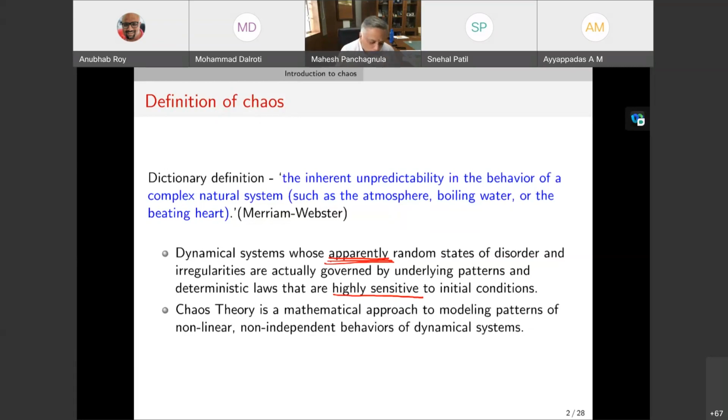And, without much ado, I'm going to tell you that you need to have a system to be nonlinear for chaos to be manifest. We'll see examples later on. And so any form of nonlinearity, and you will see some systems with the simplest of nonlinearity give rise to some very complicated chaotic patterns and attractors.